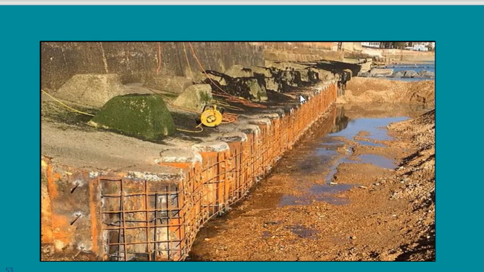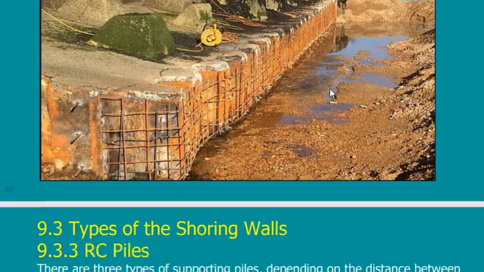They were supposed to be temporary, but once I finished, and because I need this area to be exposed, I'm not going to backfill here, so they just cover the face here with any type of cladding. Here it is concrete cladding, just covering the surface with a concrete wall. So now it is a permanent retaining wall.